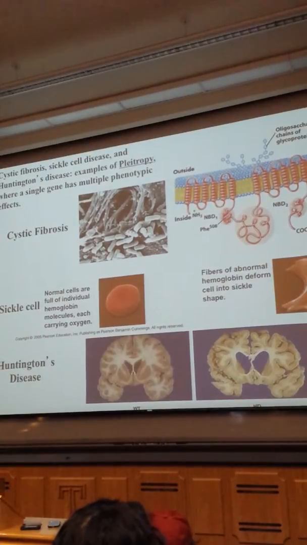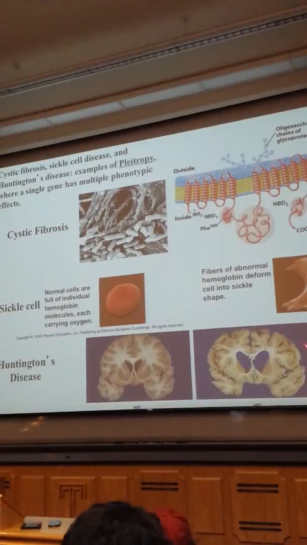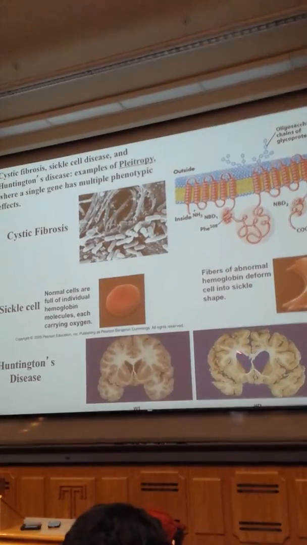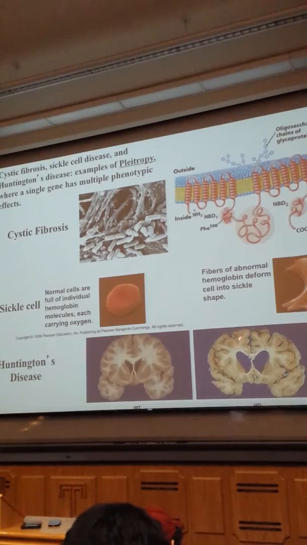Okay? It's a dominant disease, and what happens over time, this is a normal cross-section of a brain. This is the cross-section of a brain of an individual with Huntington's disease. You can see that there's deterioration. There are large vacuoles or spaces in the brain. It's breaking down.